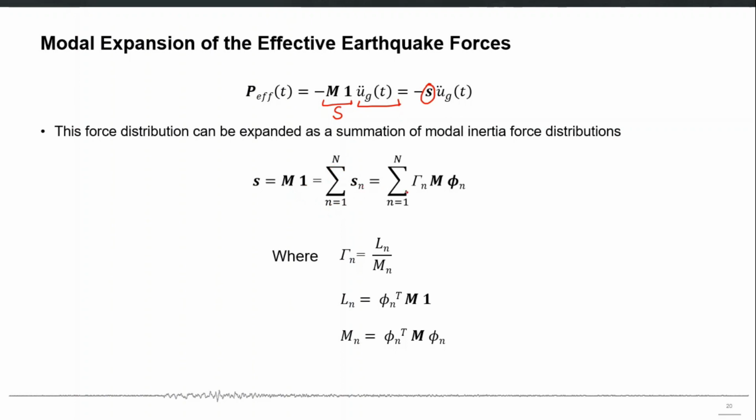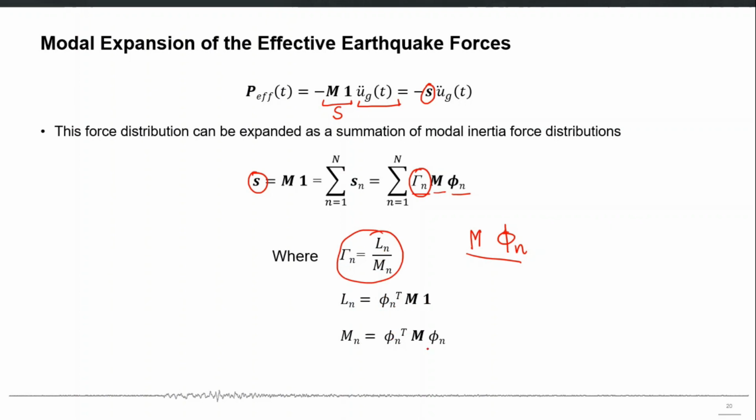Then we can simply say that S can be the summation of gamma n m into phi n, where n equals 1 to N. This factor is called the modal participation factor, and for any nth mode, if the mode shape and mass matrix are available, we can calculate it using this expression Ln over Mn, where Ln is phi n transpose into m into I, divided by phi n transpose into m into phi n.